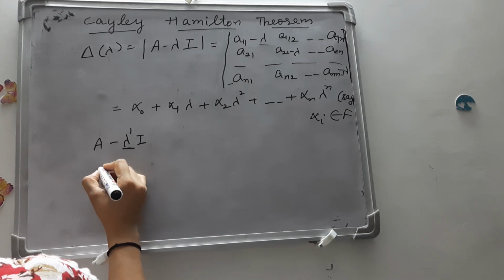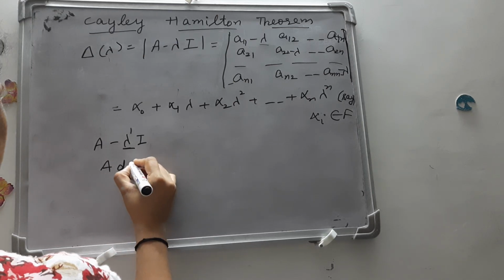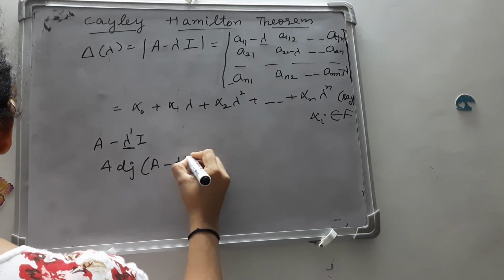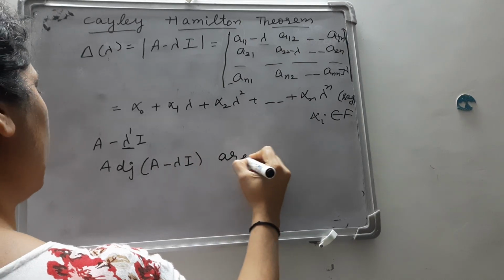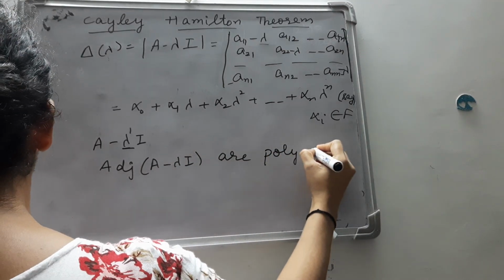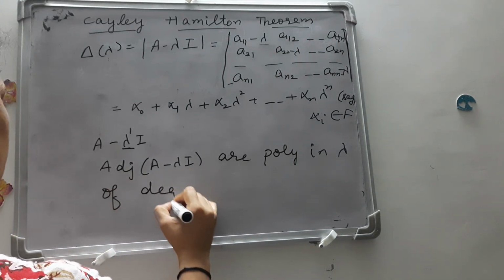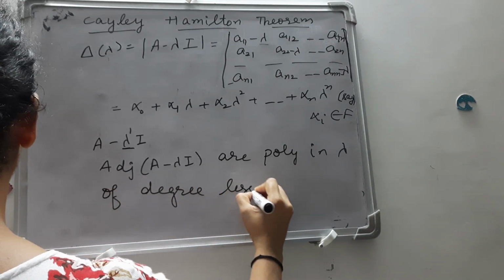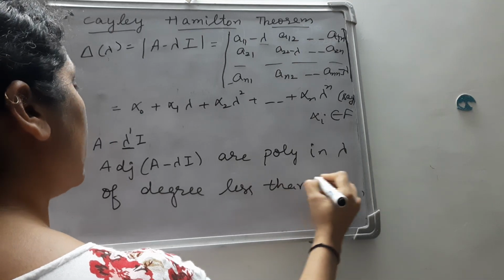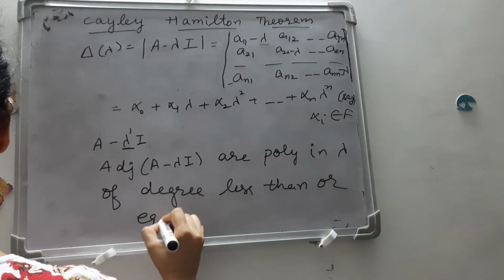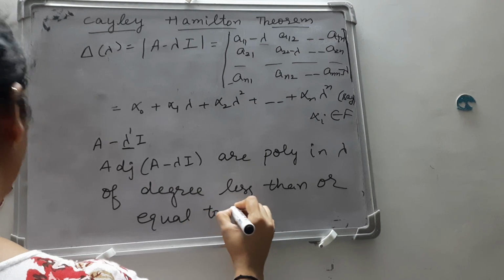Therefore, the elements of the matrix adjoint of A minus lambda I are polynomials in lambda of degree less than or equal to n minus 1.